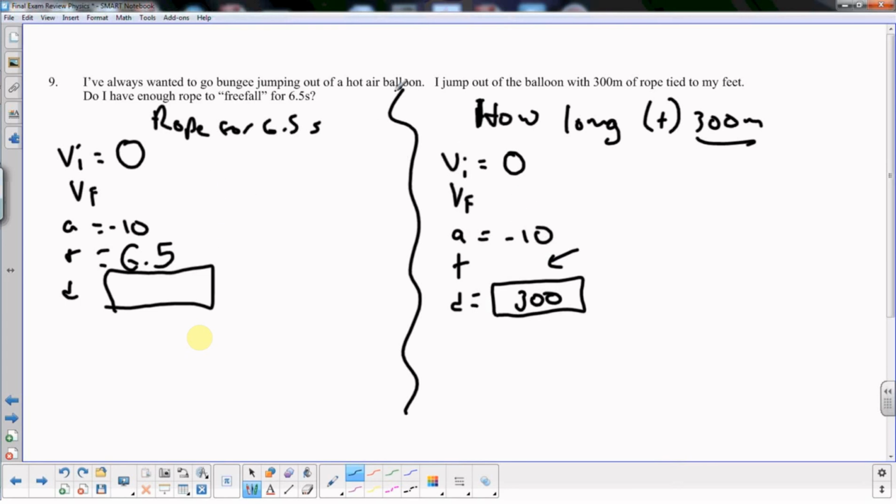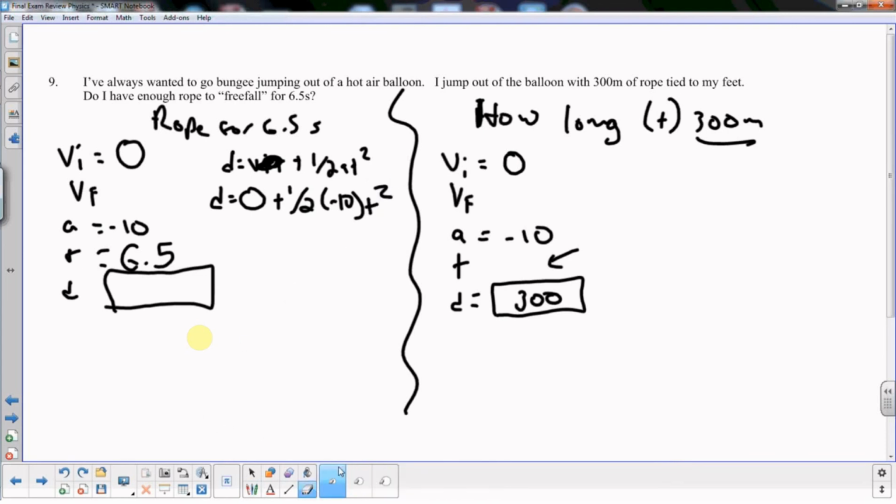So we will do here, we're going to solve for d. So d equals ViT plus 1/2 at squared. d equals 0, ViT is going to be 0, plus 1/2 negative 10 t squared. And that t is 6.5. So I'm actually going to go back, get rid of this, and plug in 6.5 squared.